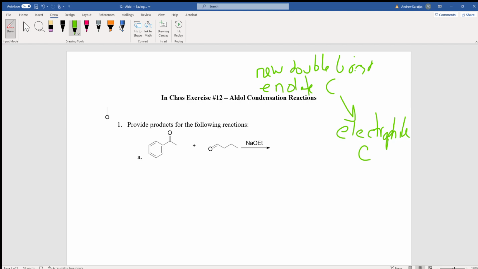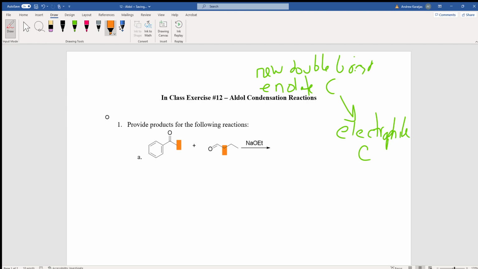So part A, again, first question, what's our nucleophile? What's our electrophile? Both of these are compounds that have alpha hydrogens on the carbons that we've highlighted. So then we come down to looking at electrophile strength.